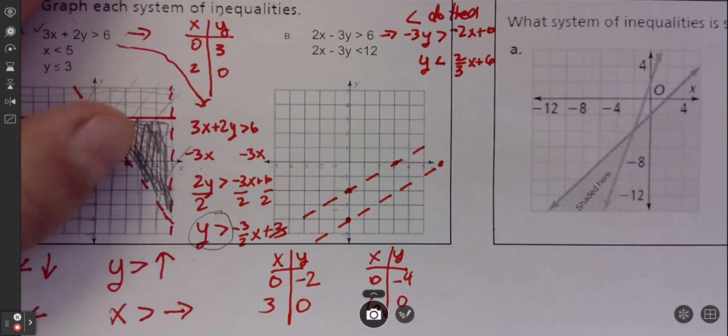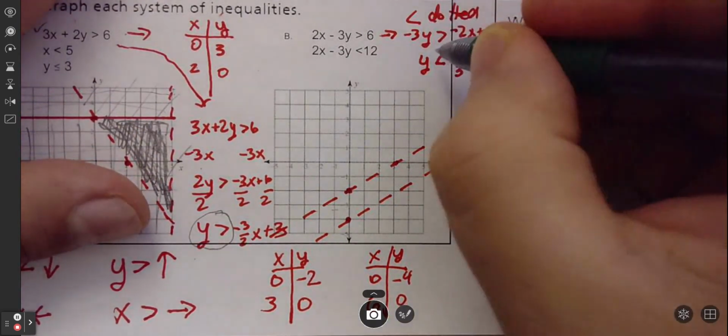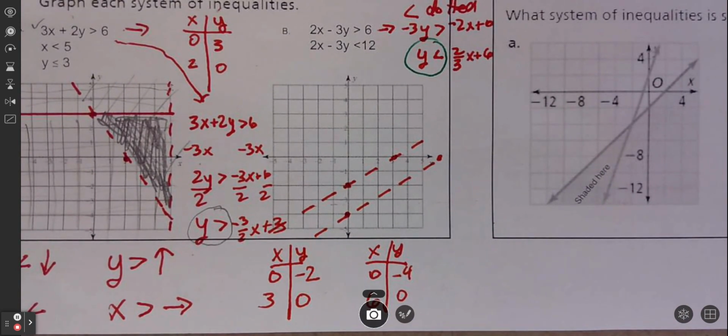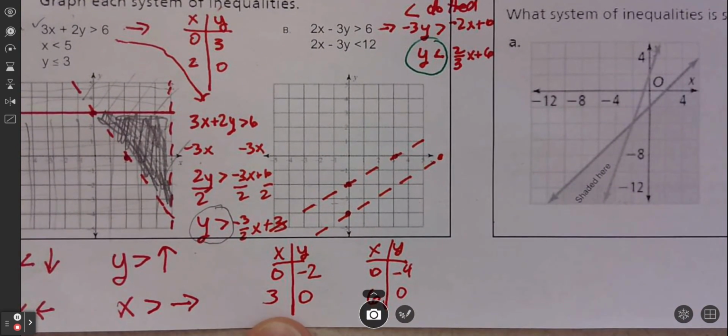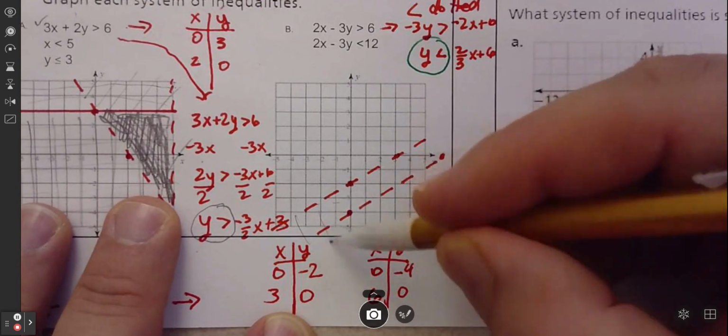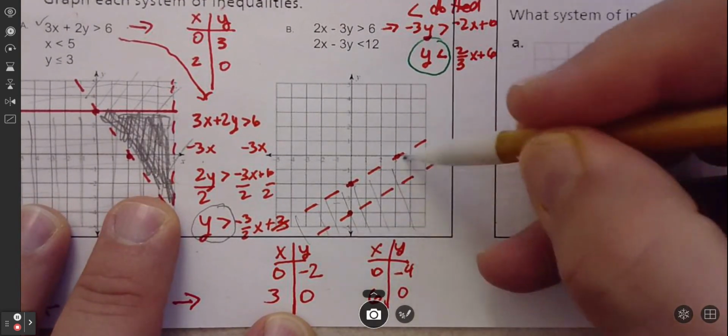I don't even care about that because I've already graphed it. All I care about is this. That says y is less than. That's the first one, which was this one. Where does less than get shaded? Below, which was this graph. So I'm going to shade below on this one.